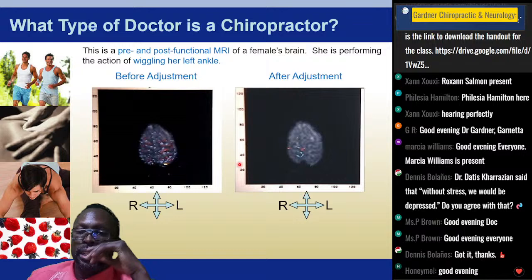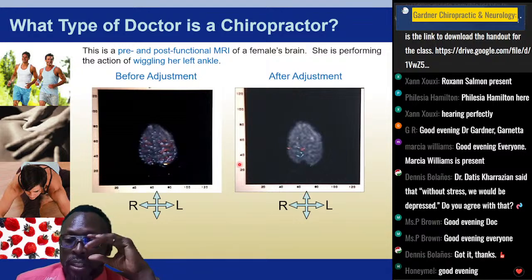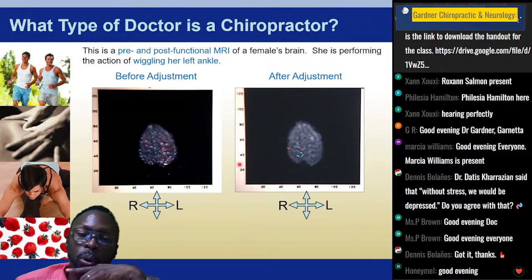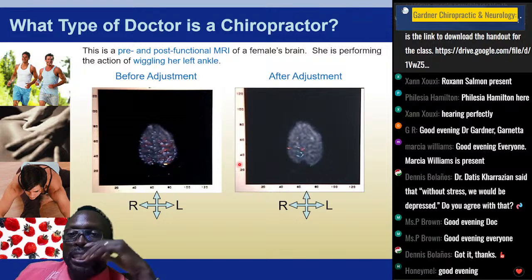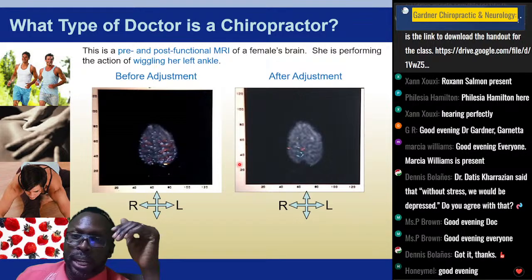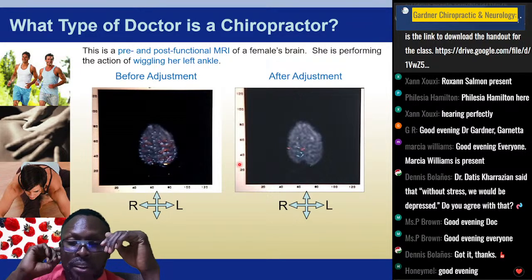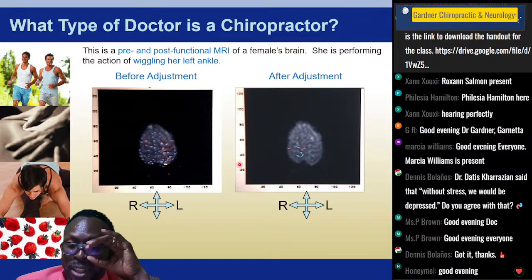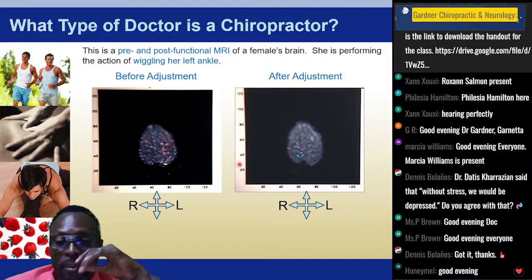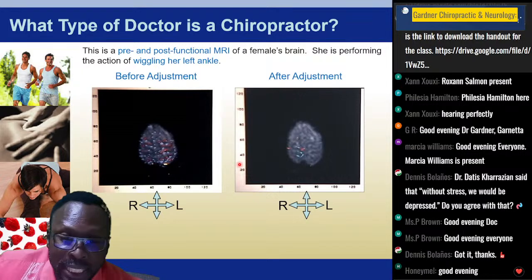In this slide, we are showing two different brain scans that show the activity level of the brain. Now, the more active the brain is, the more areas of light that you would likely see. On this particular test, called a functional MRI, fewer lights means less activity in the brain.